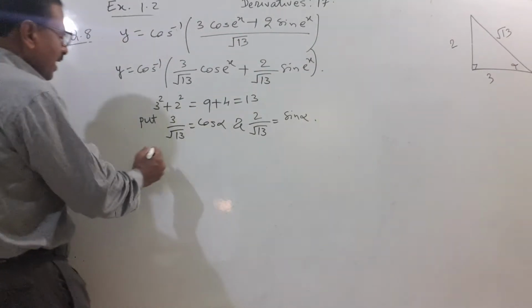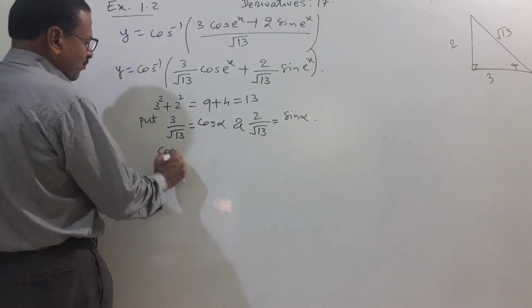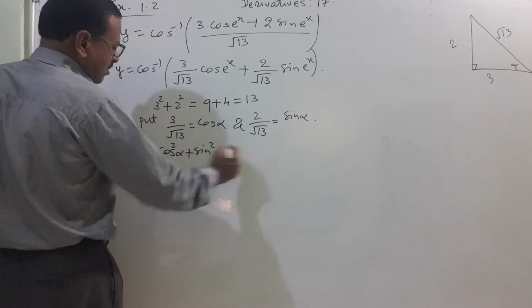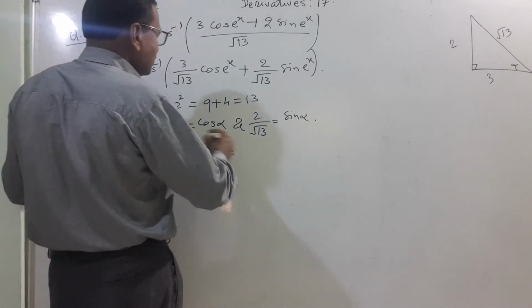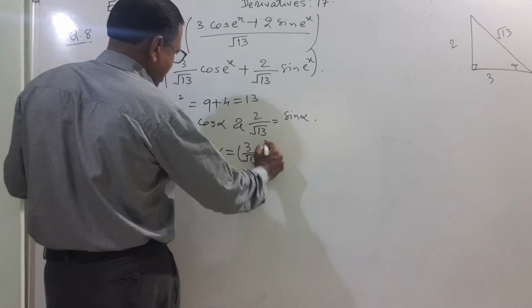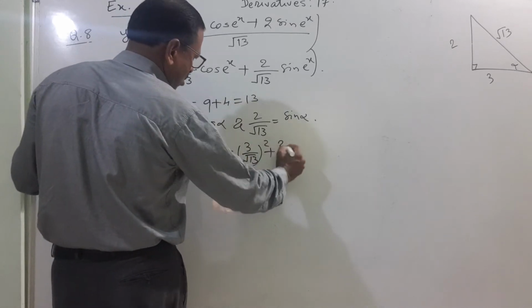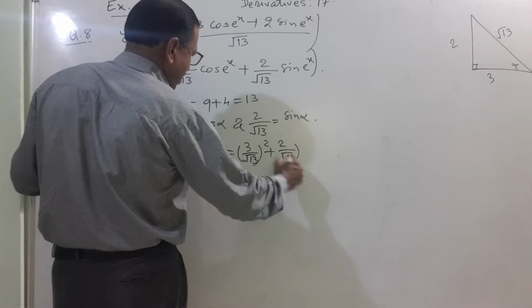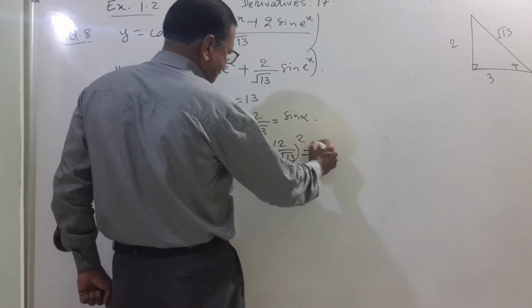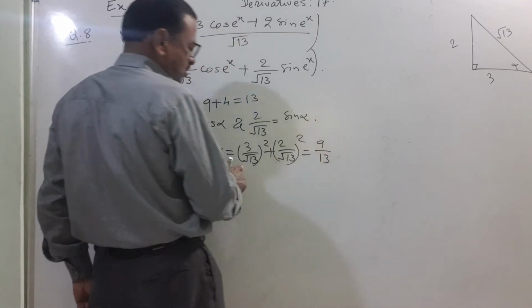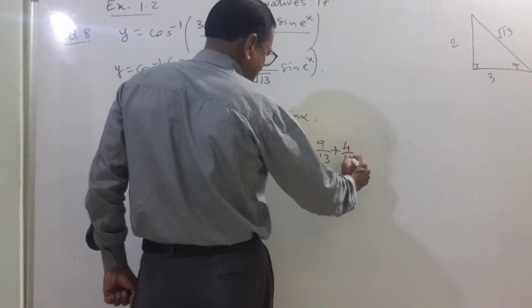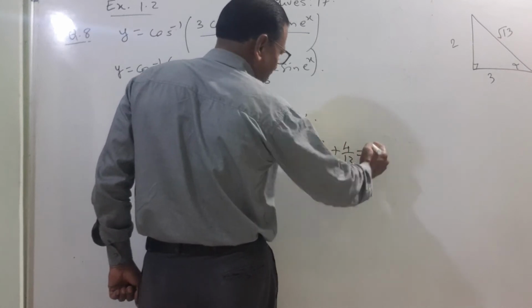Again I have to check cos square alpha plus sin square alpha is equal to 1. So 3 upon root 13 its square plus 2 upon root 13 its square. 3 square is 9, 9 upon 13, plus 4 upon 13, and that is 13 upon 13, means 1.